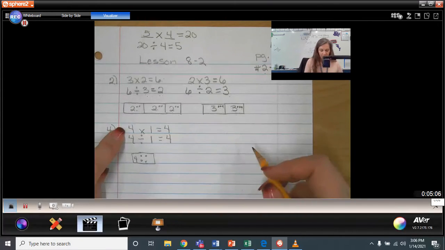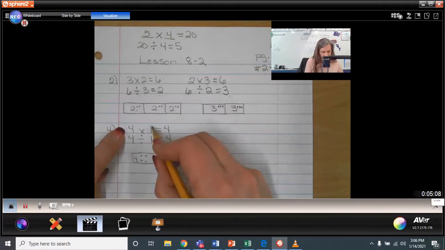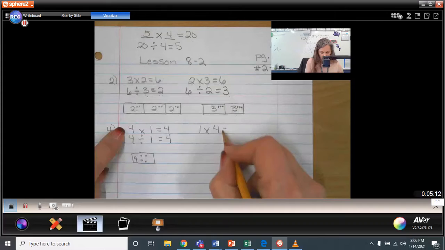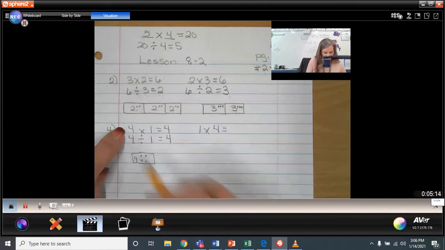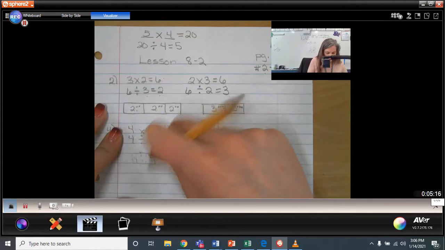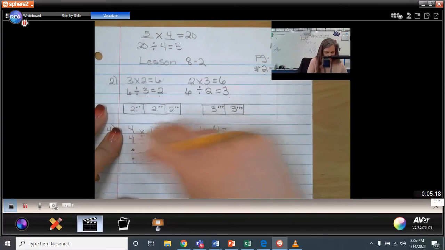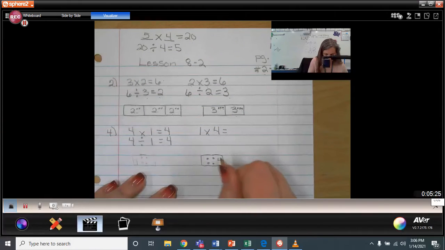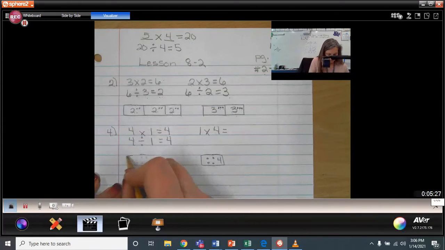Now here, I can switch my factors, and I can finish up my fact family. This would be 4 groups of 1, but it's still going to be very similar to that. This would be 1 group of 4. There's 4 in there.